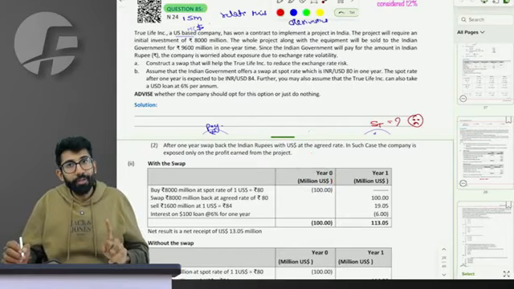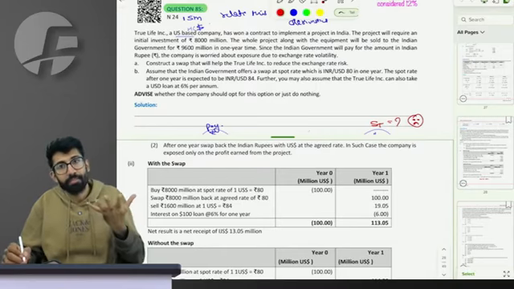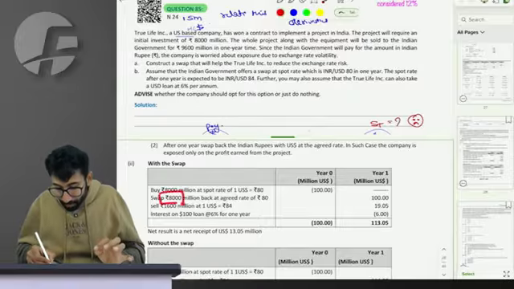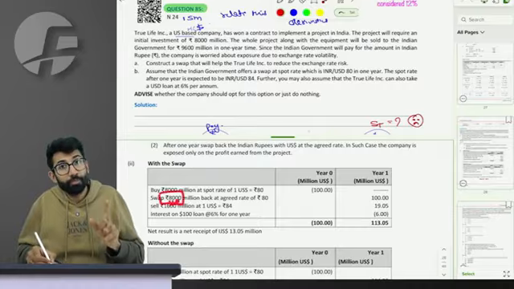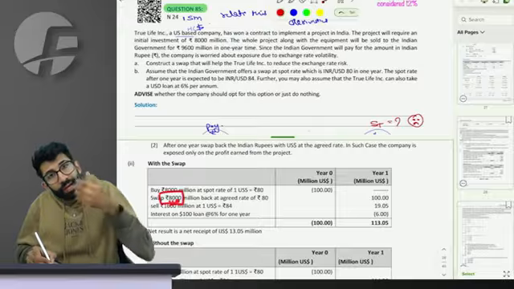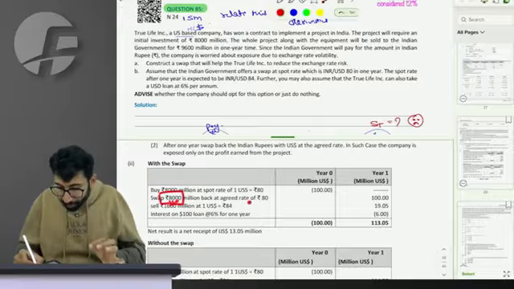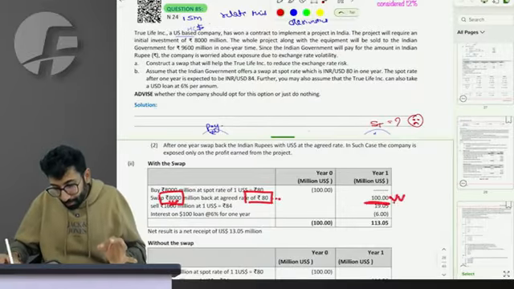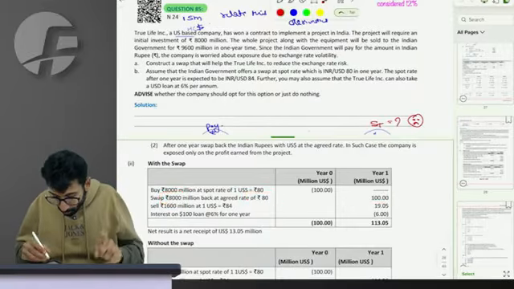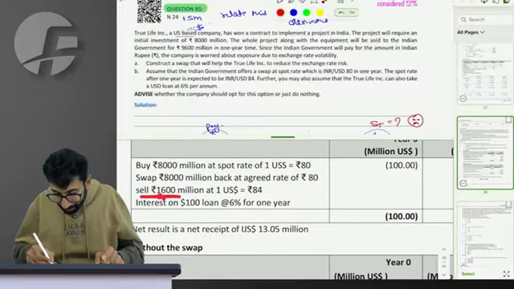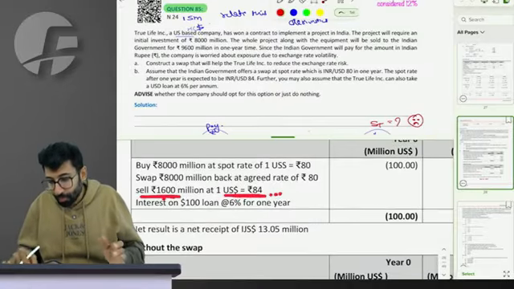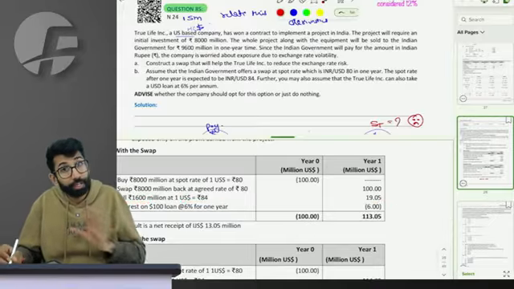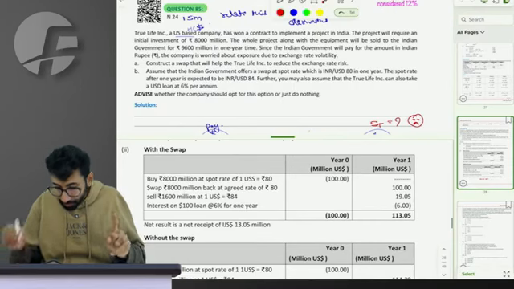After a year, when I receive back 9600, out of those 9600 rupee, 8,000 rupee I will sell back at the agreed swap rate of rupee per $80, and I will receive my $100 back. The rest of the 1600 rupee I will sell in the spot market using the rate of 84, and I will receive $19.05. Everything is in million.